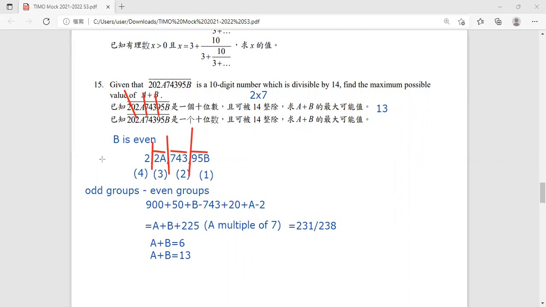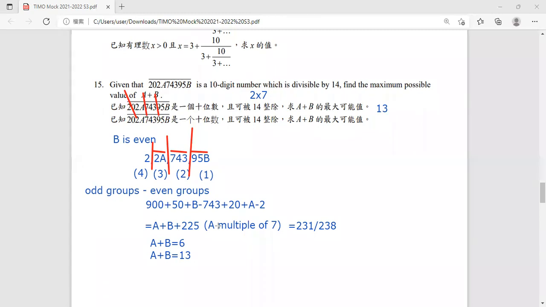Then you name the groups, and we have 4 groups. We take the sum of the odd groups, 95B, which is 900 plus 50 plus B, and 2A, which is 20 plus A, minus the even groups, 743 and 2. Finally, we got A plus B plus 225.